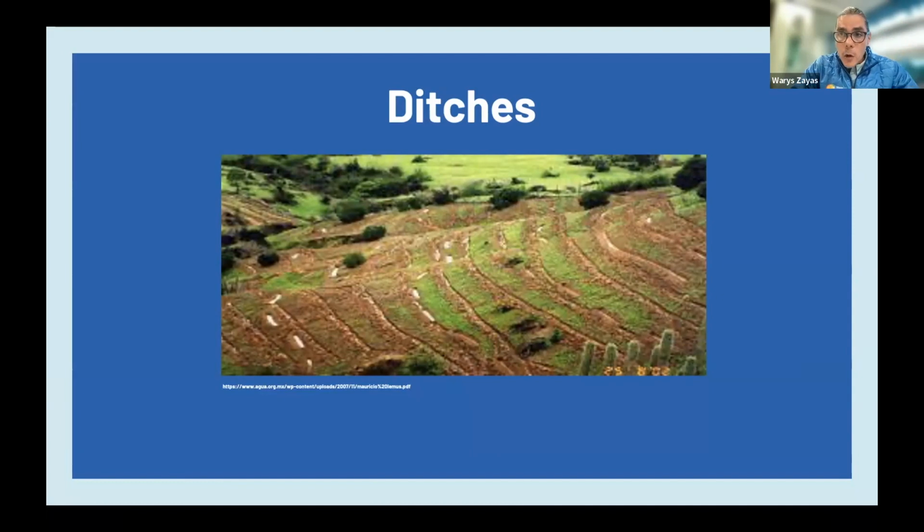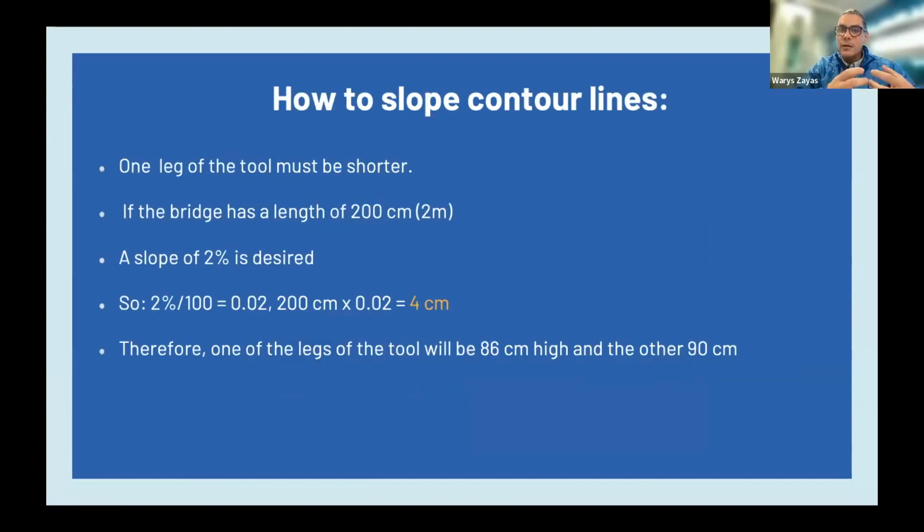The degree of the slope will depend on the characteristics of your soil and the climate patterns in the region you are in, but an average percent of slope recommended for our ditches ranges between 1% to 2%. Okay, so we sometimes want to give about a 2% slope in our ditches, right?